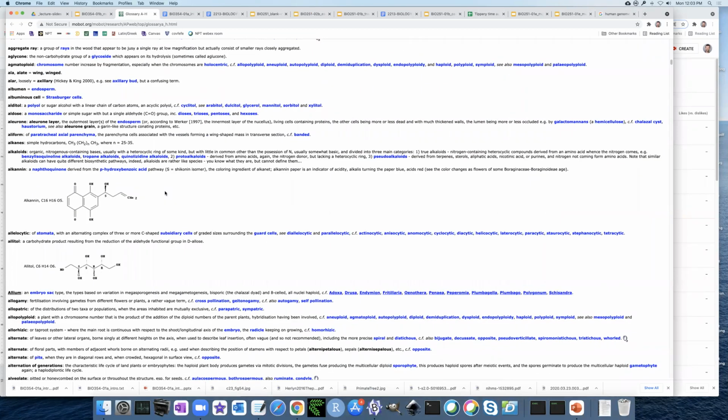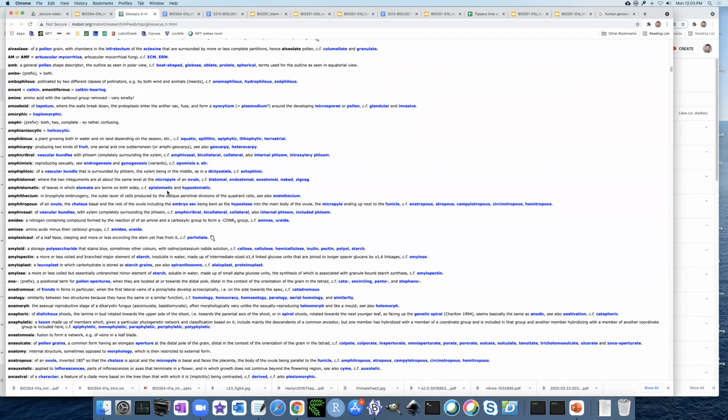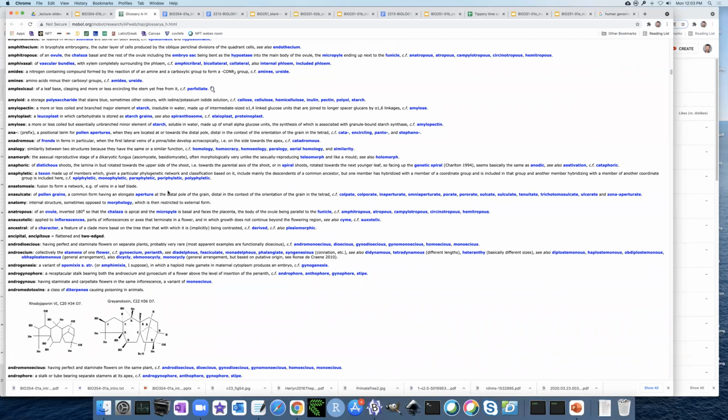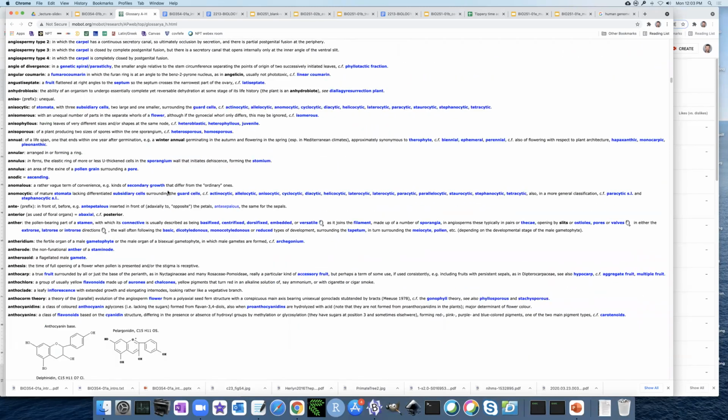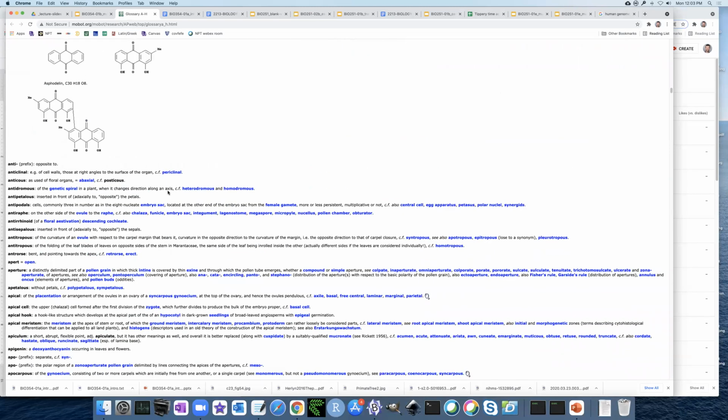So it's a pretty extensive vocabulary list talking about chromosomes and so on. But there are also some other ones. Let me see one that maybe is a little more generally useful. Here's one, antipetalous, inserted in front of the petals. So you might run into a term like this that's not really a mainstream term, but it might be really useful for whatever you're encountering.